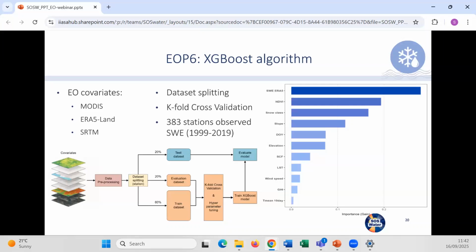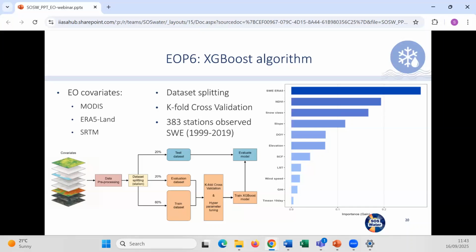For this, we used the extreme gradient boosting algorithm, a tree-based machine learning algorithm that uses trees to regress. We fed the algorithm with many different Earth observation covariates, originating from the MODIS satellite, climate reanalysis from ERA5-Land, and the Shuttle Radar Topography Mission.